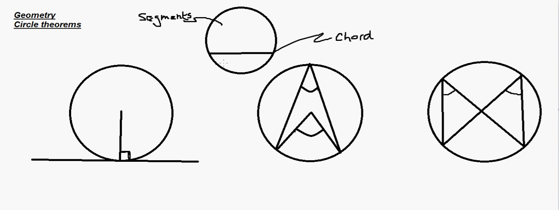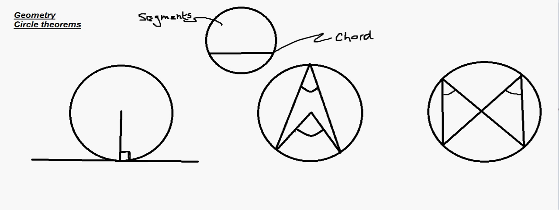So this would be the minor segment and this would be the major segment. Equally, this is an arc. The whole circle is an arc, but this would be the minor arc and this would be the major arc, purely because of their size, nothing more complicated than that.